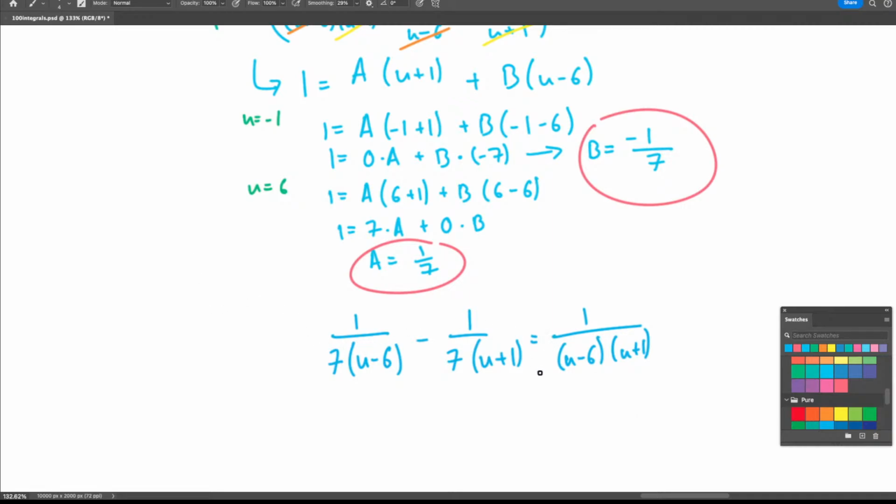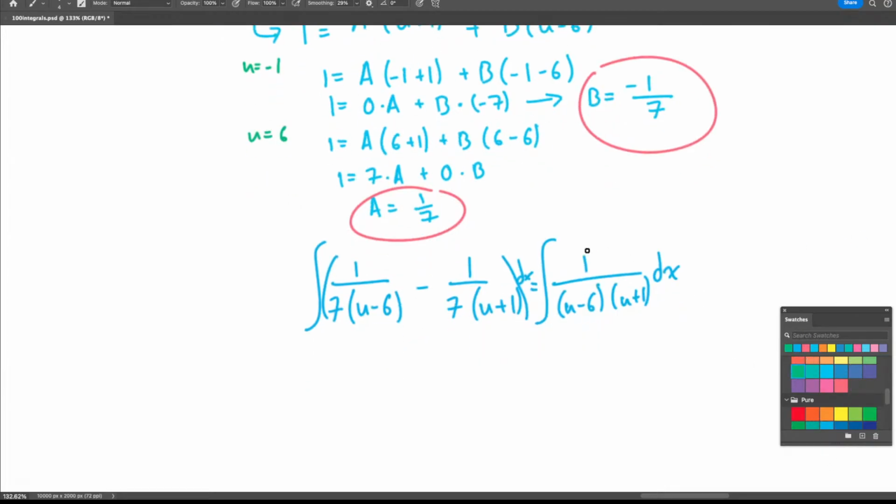And remember, we are taking the integral, so dx and the integral of this dx. Through limit and integration laws, we can split this up into two integrals.